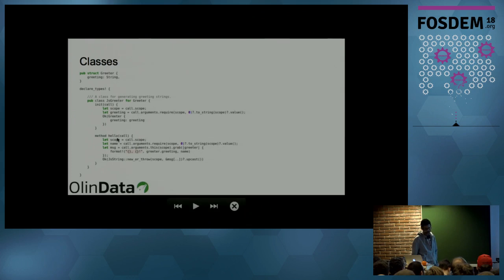And then here's another method, hello, which has one argument, which is a name. And then it also accesses this argument in the method, which in JavaScript refers to the object itself. So it refers to this whole greeter object.